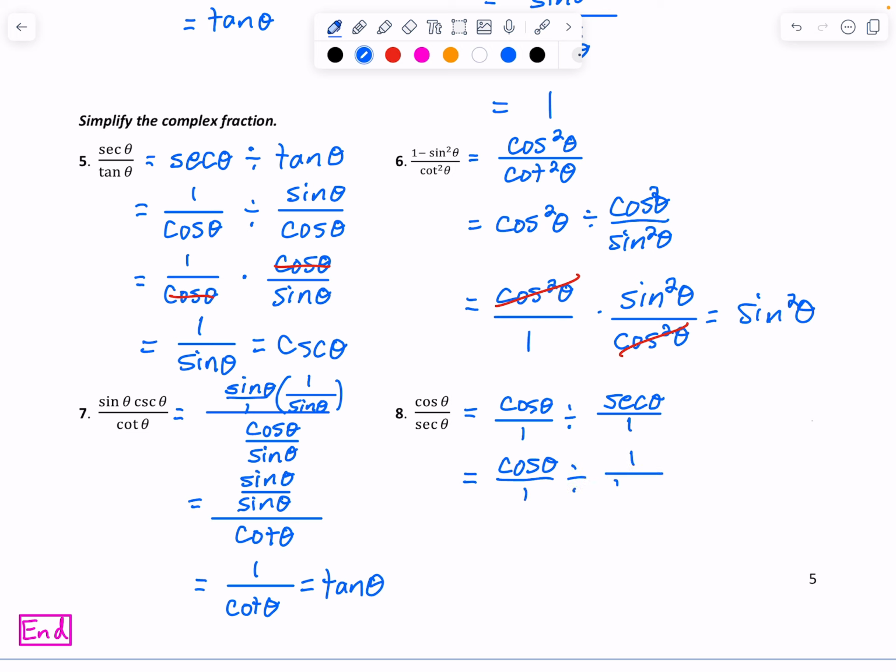Secant is 1 over cosine theta. So cosine over 1 times, and then I flip that fraction. That's just cosine theta over 1, which equals cosine squared theta.